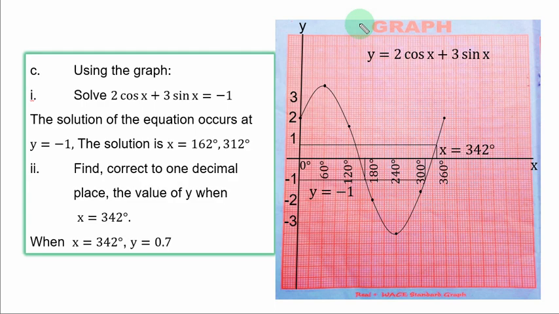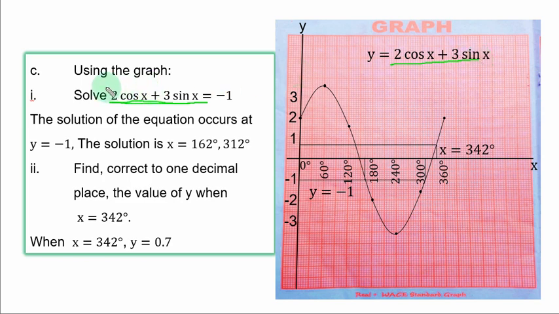All the points have been joined together, as you can see. C part of the question: solve 2 cos s plus 3 sin s equals minus 1. If you check the left hand side of the equation, it is the same as the one that you have plotted, so you don't need any other adjustment.